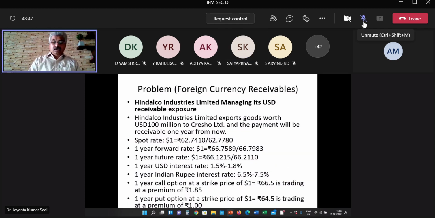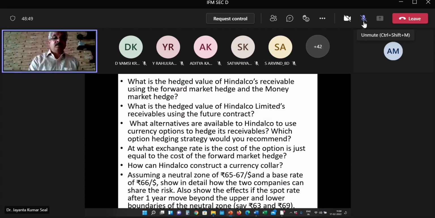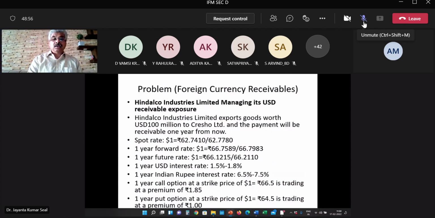No, sir. So next one is the futures contract. What is the hedge value of Hindalco's receivable using a futures contract? So Hindalco has a receivable, so in order to mitigate the risk, it has to sell a futures contract. What is the price?